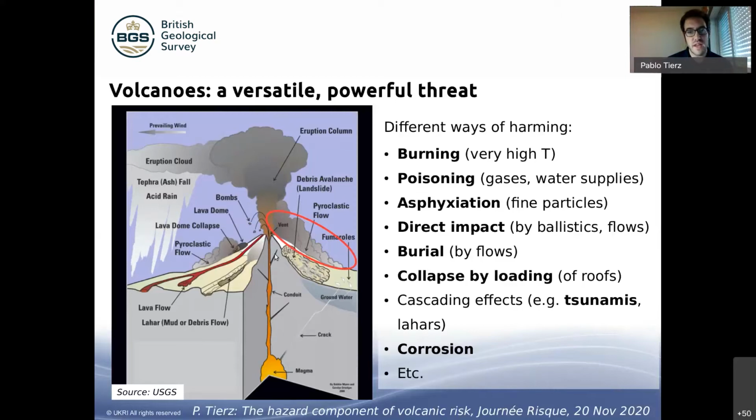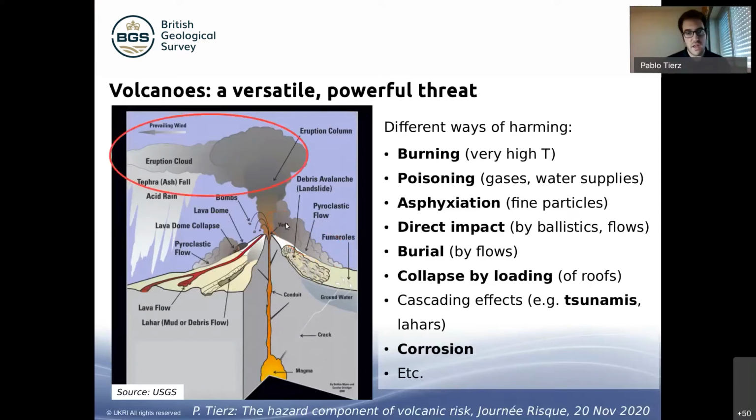This mixture, when it exits the vent, is more dense than the surrounding air. So if it's not able to entrain enough surrounding air and heat it in order for it to become less dense than the air, it would collapse and generate these pyroclastic density currents, also known as pyroclastic flows.